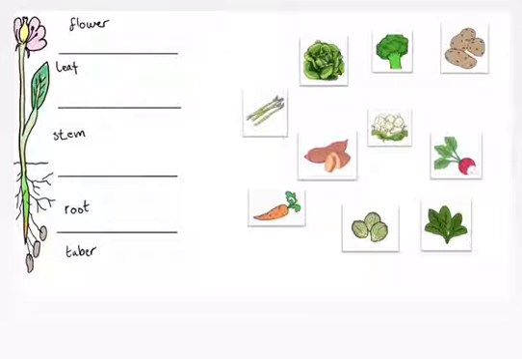So, I'll give you a few seconds, pause it if you want to. Can you work out what all those pictures are that I've put on the right, and did they used to be a flower, a leaf, a stem, a root, or a tuber? Right, hopefully you had a go at that, paused it and played it. Let's see if I can move these things around.